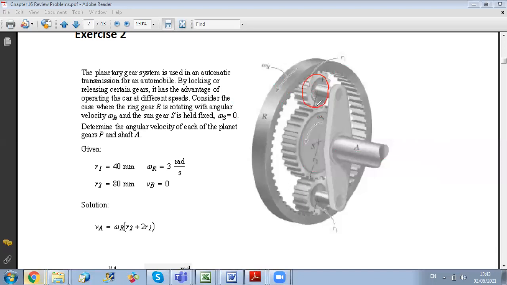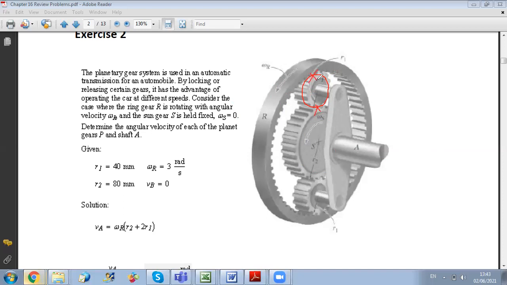Because if you know the velocity of 2 points of it, you can find omega easily, either by the vectorial relation, or also by the conventional method, which consists of calculating omega using the right-hand rule with the principle of the instantaneous center also. Okay? So let us consider the planetary gear and see what are the velocities that we know. We have that this gear is in contact first with the sun gear and second with the ring gear.